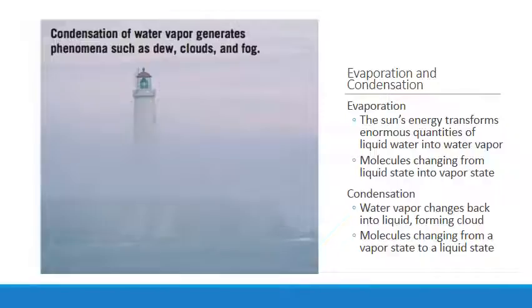This energy is referred to as the latent heat of vaporization, and it varies from about 600 calories per gram for water at 0 degrees C to 540 calories per gram at 100 degrees C. So notice that, in the figure we saw on the last slide, it takes much more energy to evaporate a gram of water than it does to melt the same amount of ice.